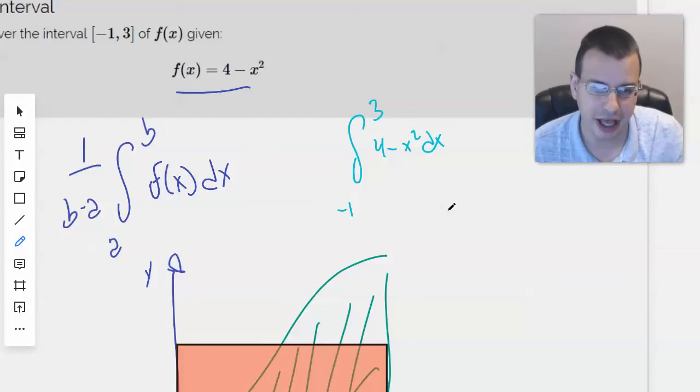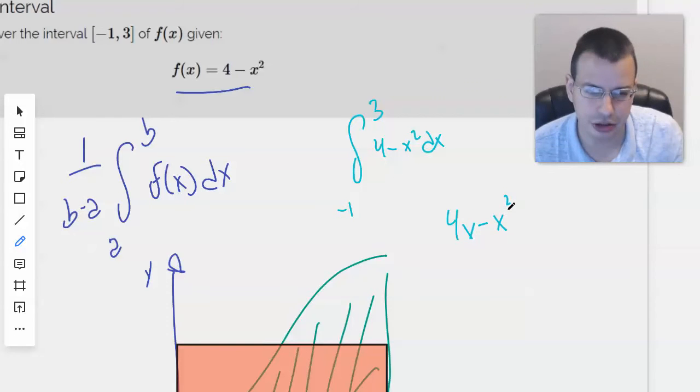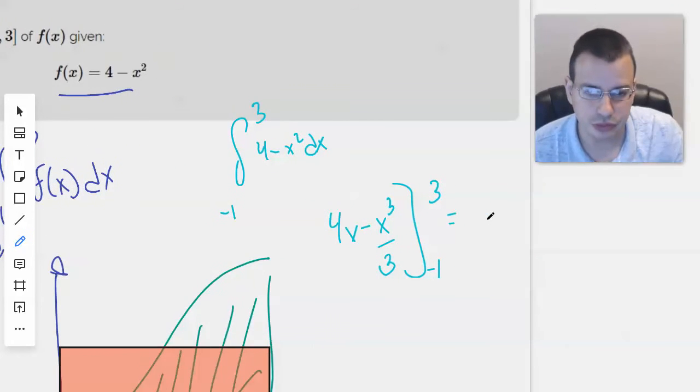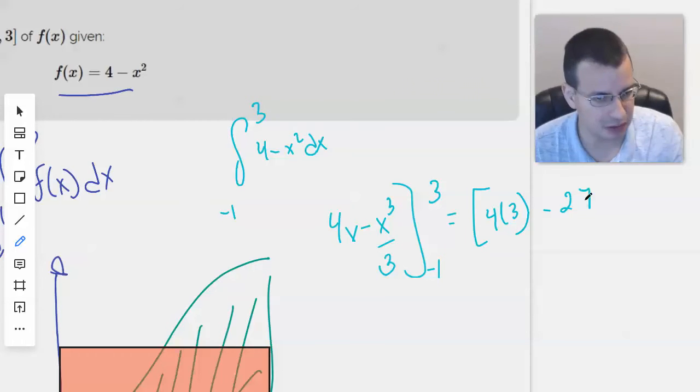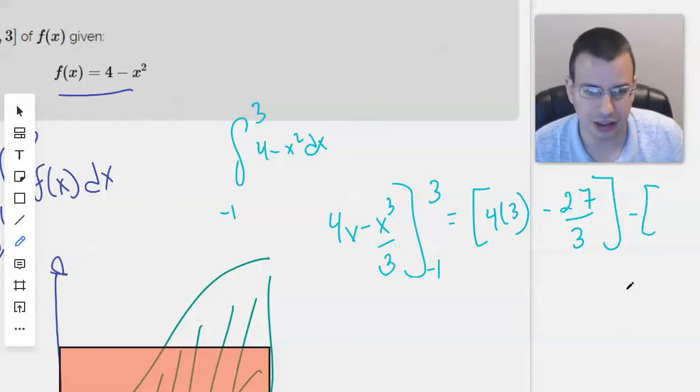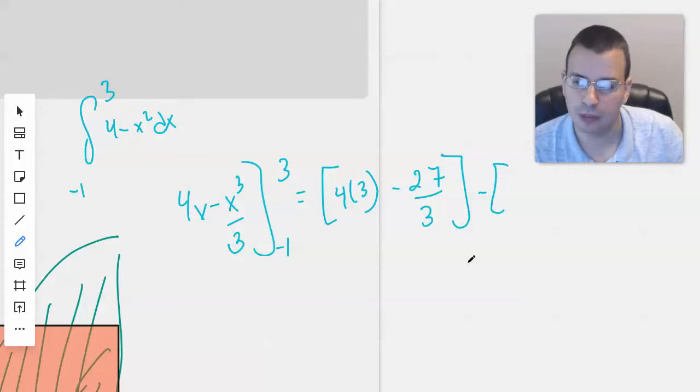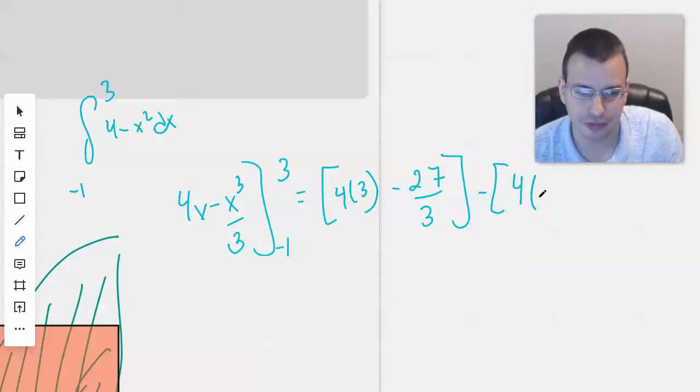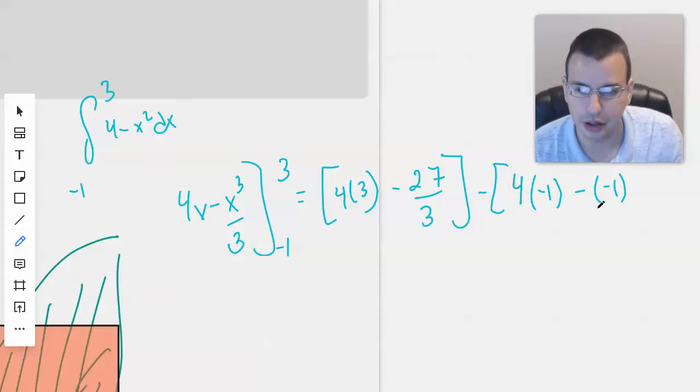Integral powers activate. 4x minus x cubed over 3, from -1 to 3, equals 4 times 3 minus 3 cubed, which is 27 over 3, which will make it 9, minus the quantity 4 times -1 minus -1 cubed, which is -1 over 3.